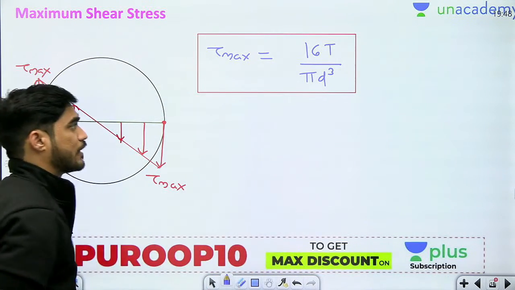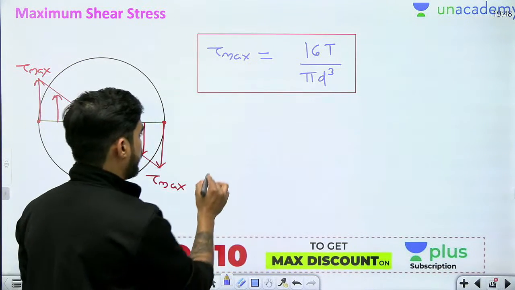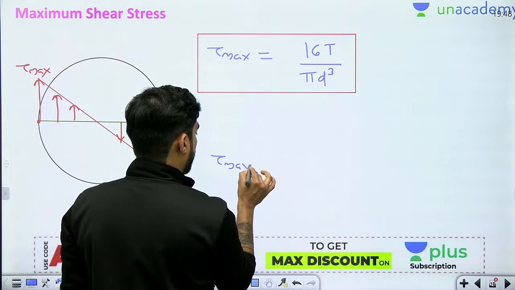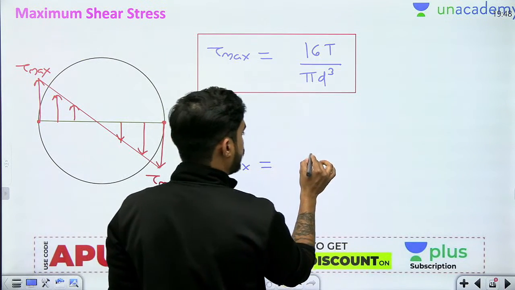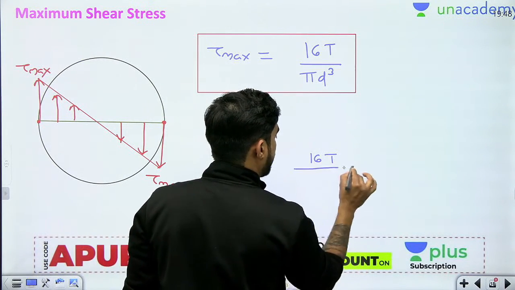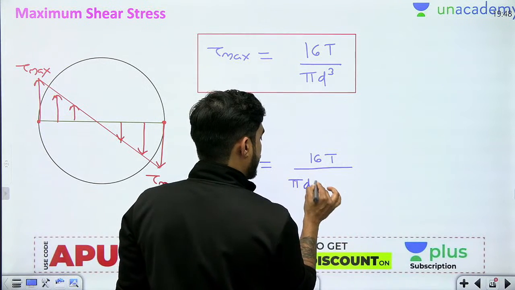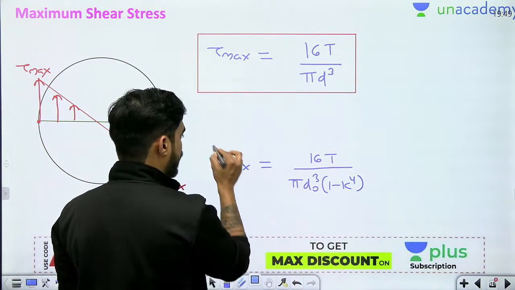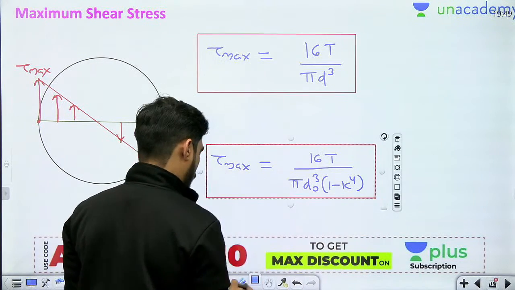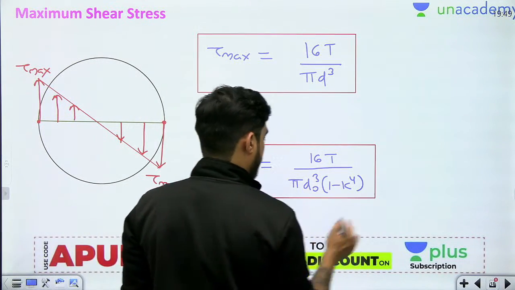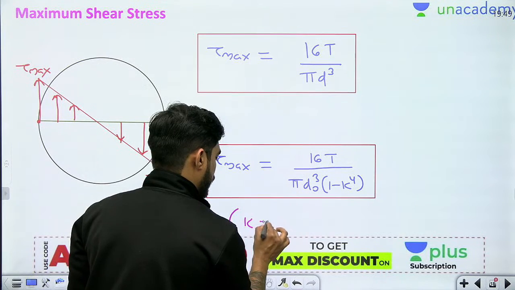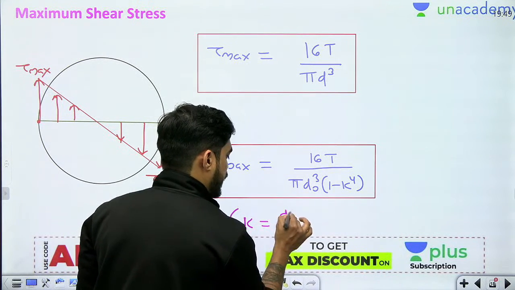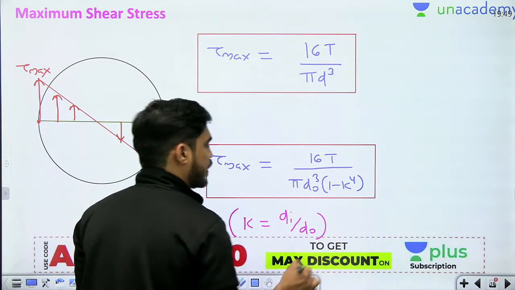And for hollow circular shaft, the same equation will become tau maximum equals 16T by pi d outer cube into 1 minus k to the power 4, where k is the ratio of inner diameter and outer diameter.